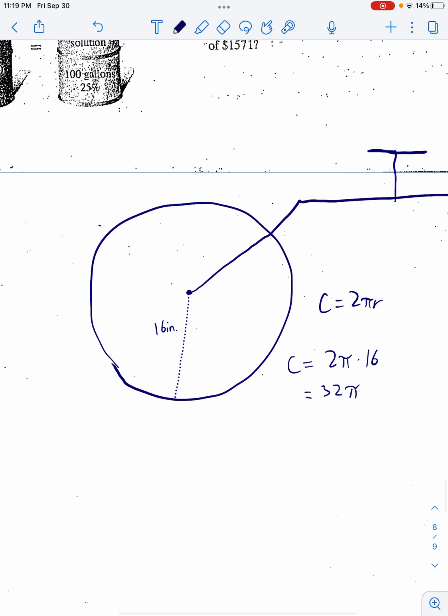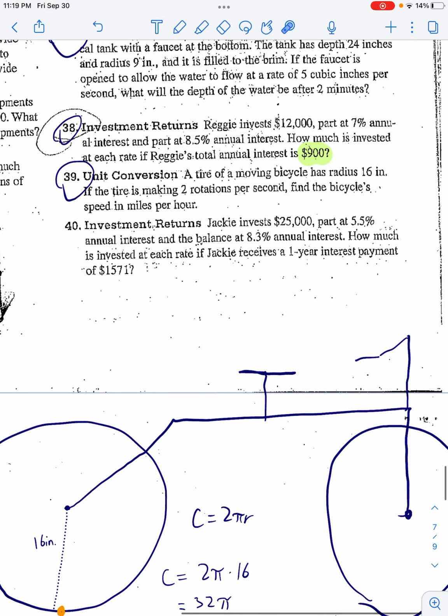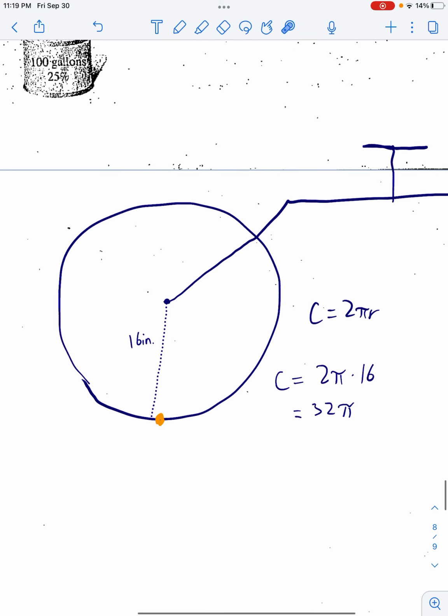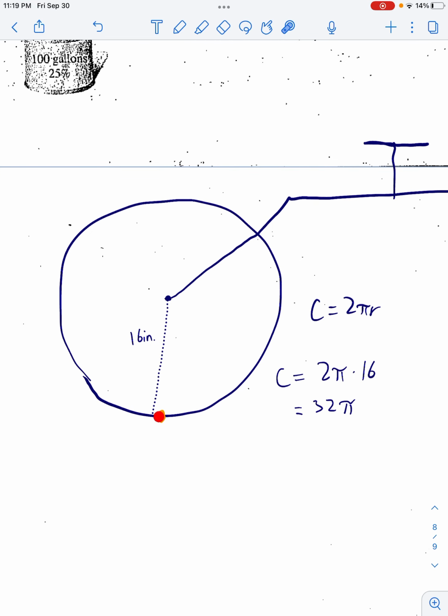32 pi, okay? Let's think about a point on the edge of this bike tire. What's happening is every second, right? This is 2 rotations per second. So every second, this point on the bike tire is going to move 32 pi inches around, and then another 32 pi inches around.